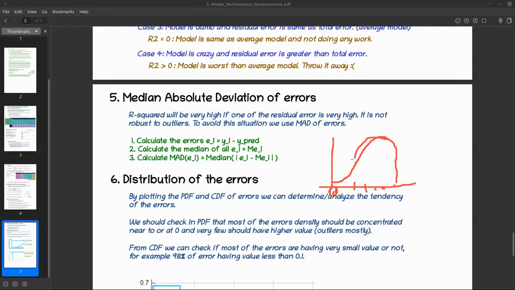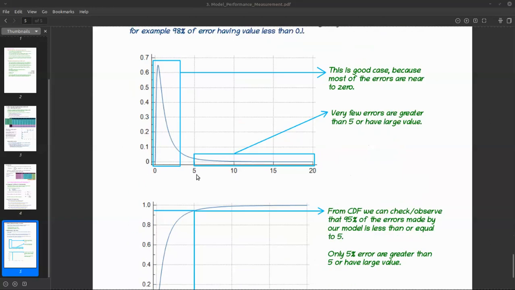Correct, because most of the error values are very high, right? So what you want is for your error to be concentrated near 0, something like this. If you are getting a PDF looking like this, then it's good, right? Because most of the error, you can say 80% of the error, is around 0 or 1, correct? So it's good.